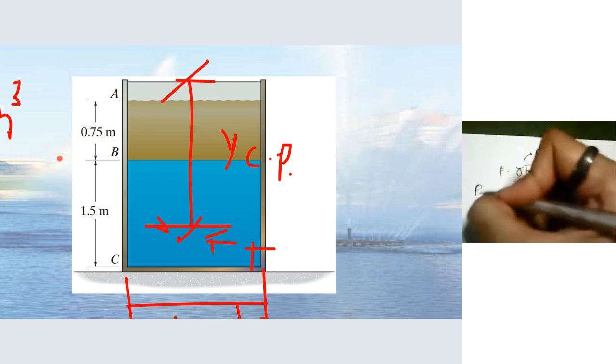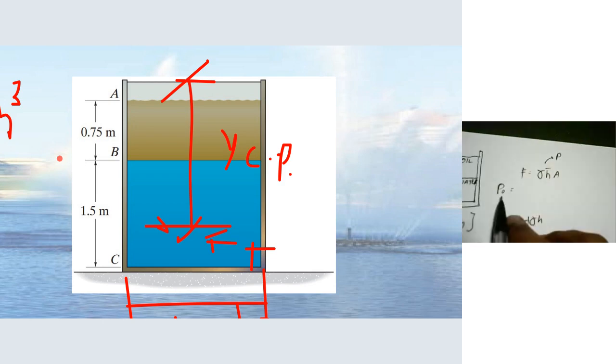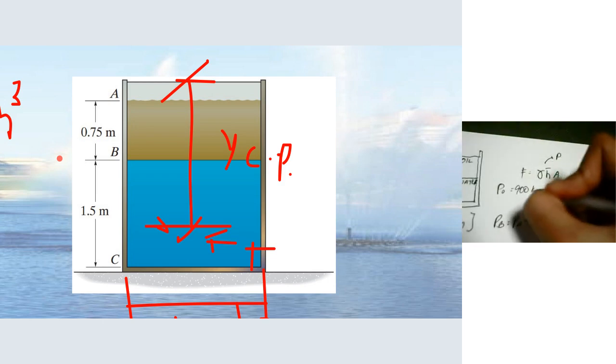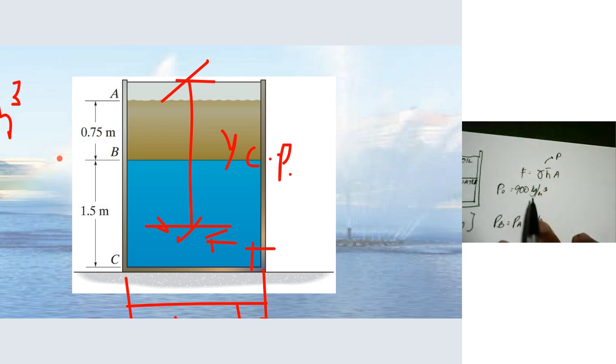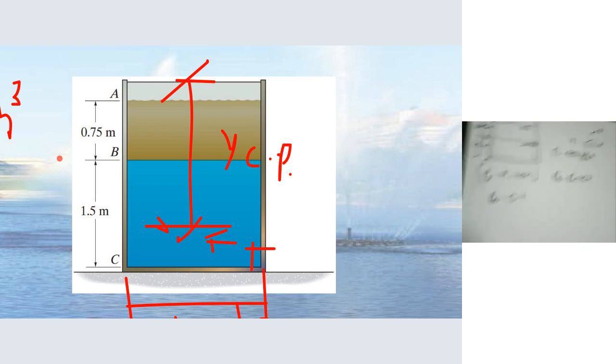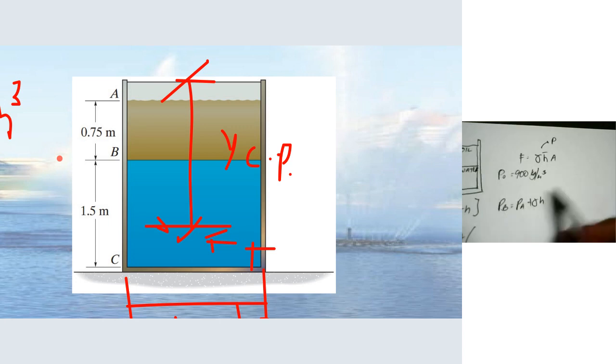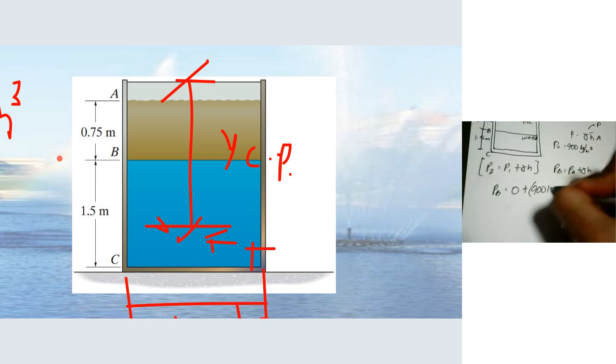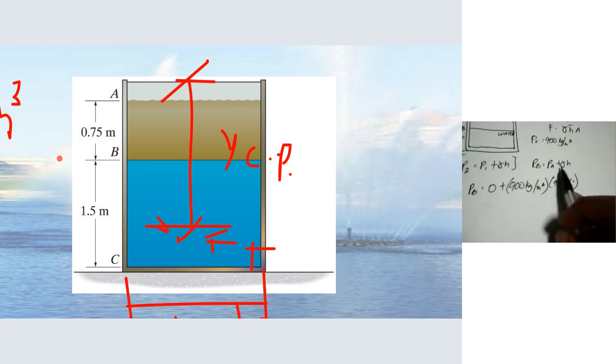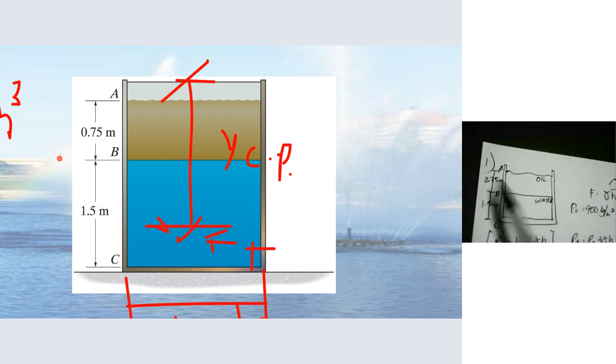So, given tayo ng mass density of the oil, that is 900 kg over cubic meters. Para makuha yung unit weight, multiply natin ito by 9.81 meter per second square. So, yan yung unit weight natin. And then, for the height, that is 0.75.